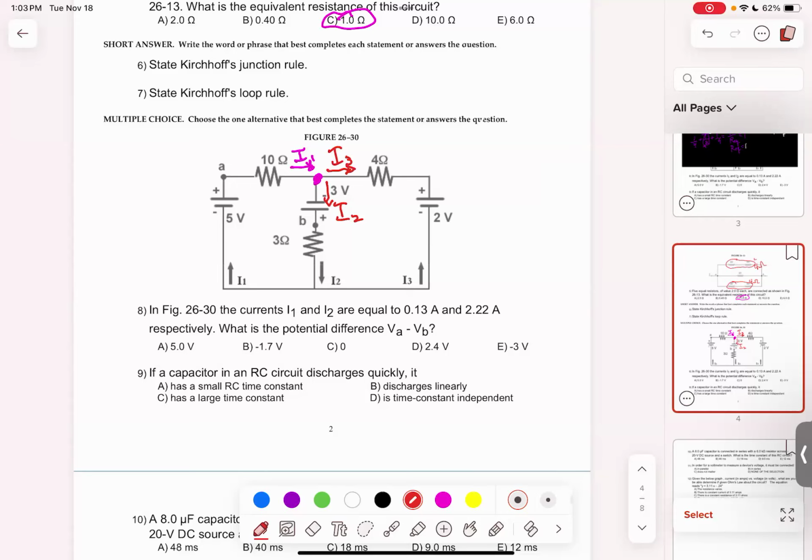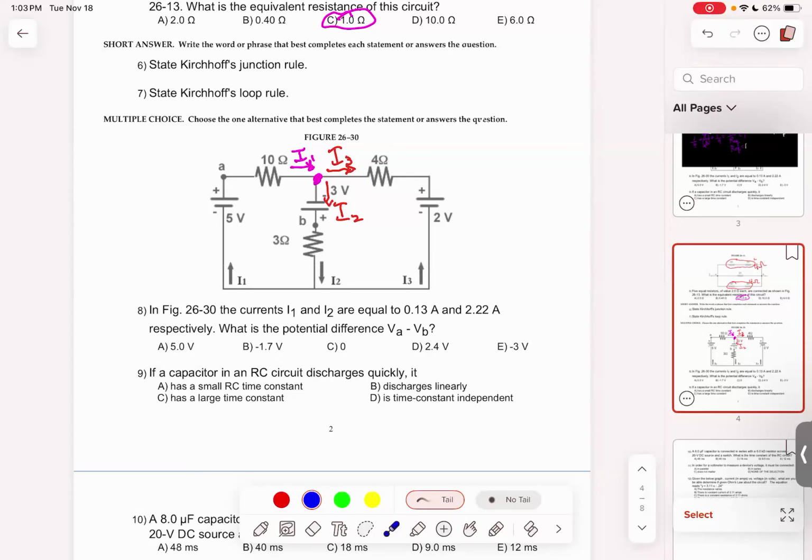It's a pretty simple concept. It's just like water. If you have 5 gallons of water coming into this junction, and just making up a number here, 2 gallons come out here, 3 gallons need to come out over here. So same current in, same current out, same total. And we're going to use that in just a second.